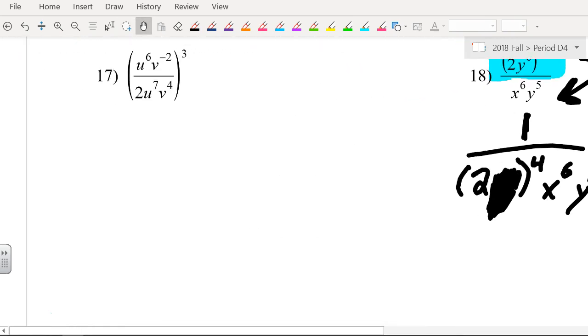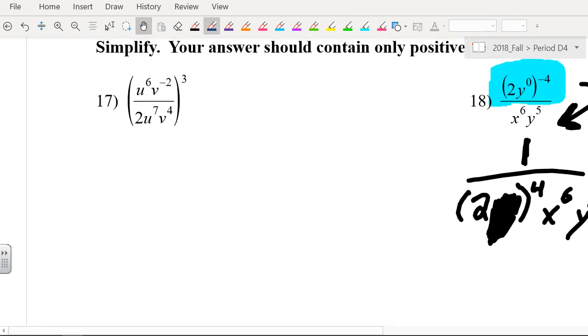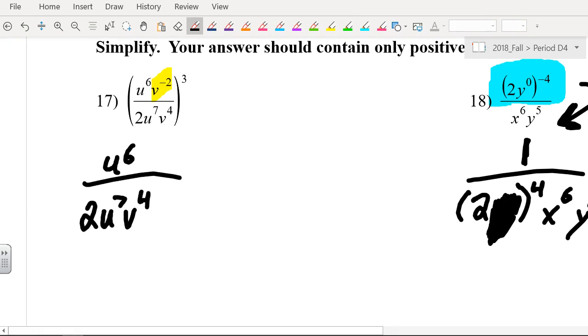Alrighty then. So you guys want me to do 17? Alright, what color? Purple. Okay, first thing I'm going to do is this negative exponent. So I'm going to move that to the denominator. So we've got u to the 6th over 2u to the 7th, v to the 4th, v squared.